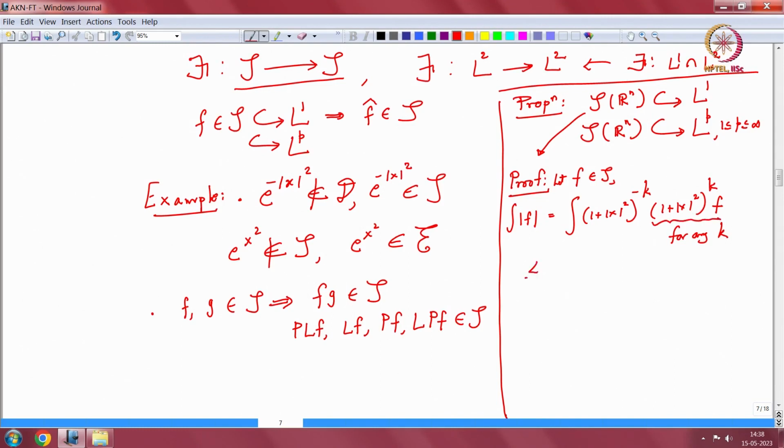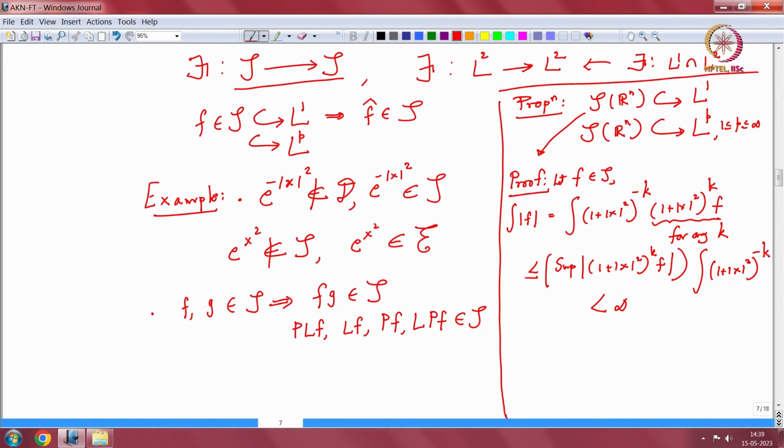So, I can say this is less than or equal to the supremum of the modulus, which is the usage of that equivalent formulation, because this is bounded since f is in zeta. So, this is finite, and then you get the integral of 1 plus mod x square power minus k.